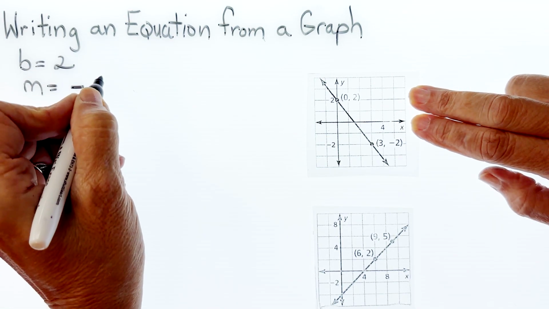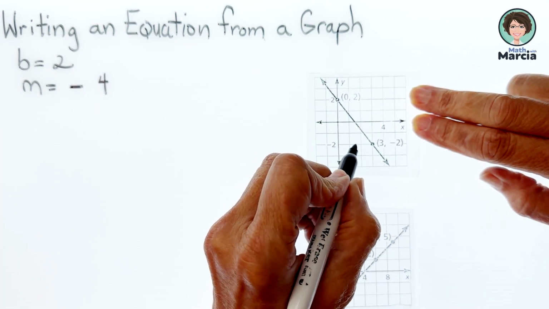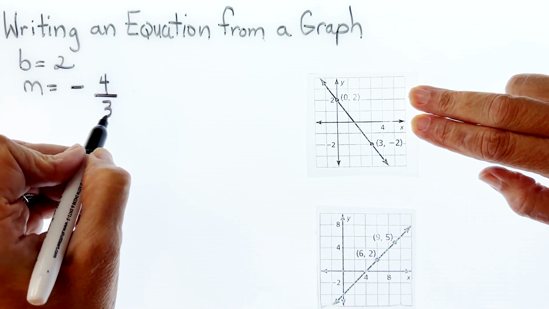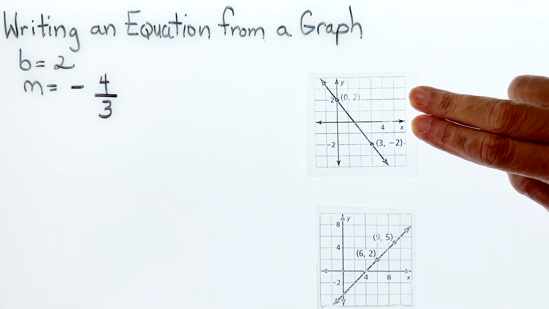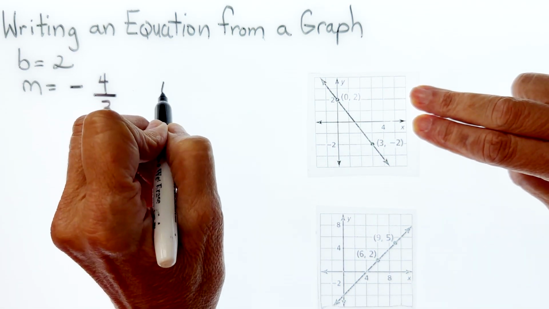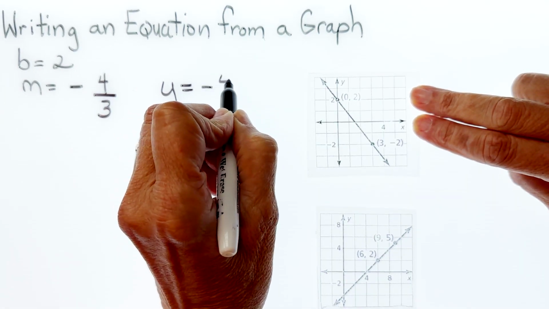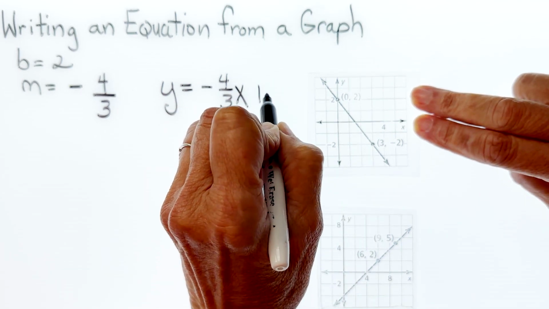I've gone down 4, and now I'm going over 1, 2, 3. So my slope is negative 4/3. The equation for the line that is graphed is y is equal to negative 4/3 x plus 2.